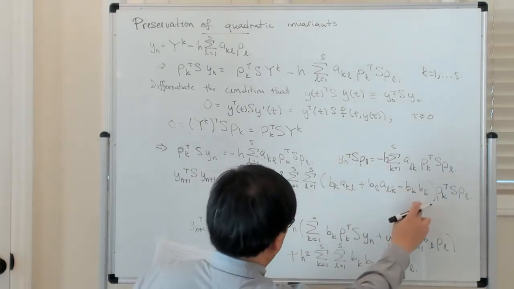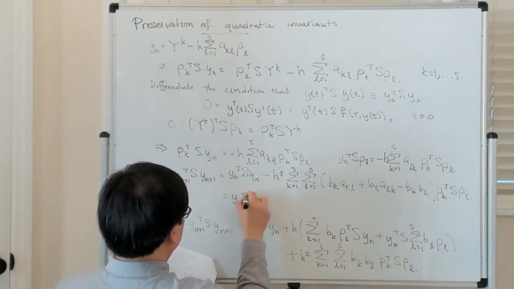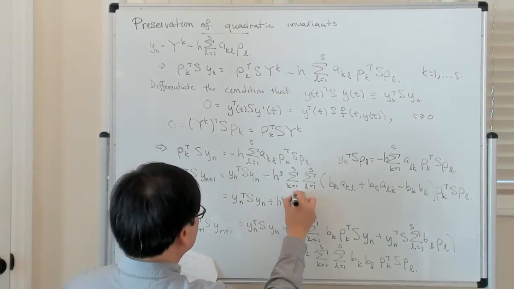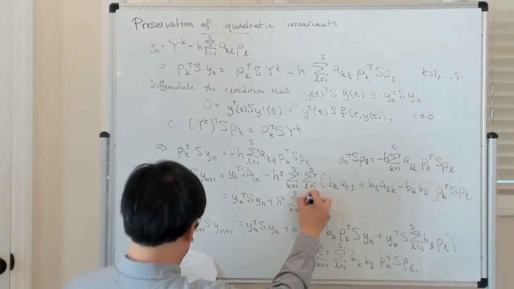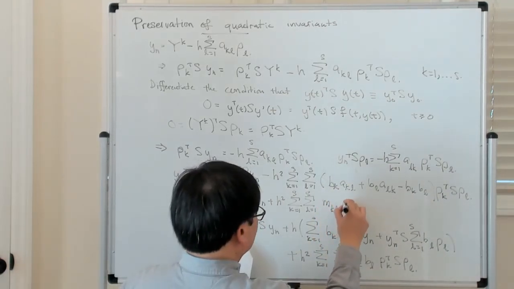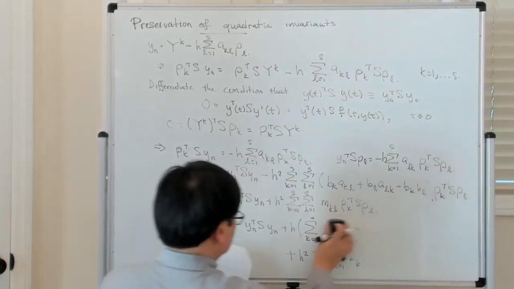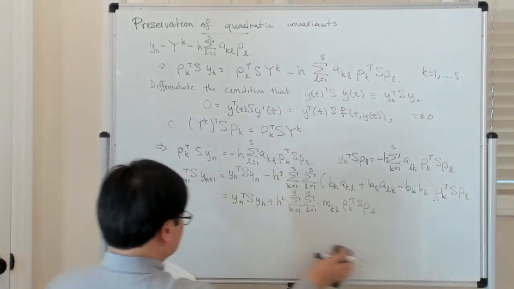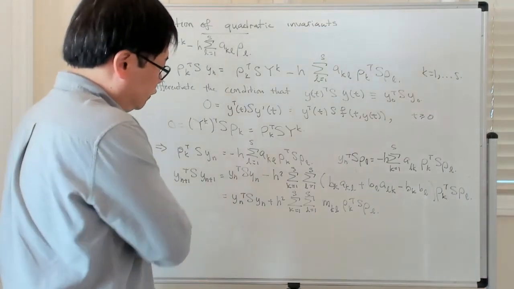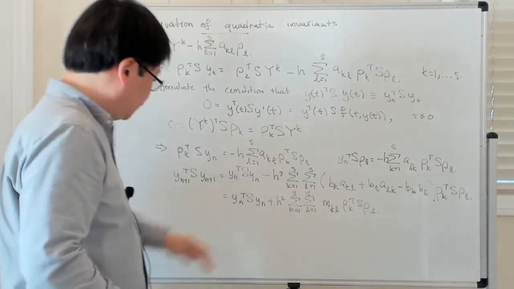And of course, this is nothing more than your coefficients of the M matrix. So this is yn transpose S yn plus h squared, the sum from k equals 1 to s, the sum from L equals 1 to s of mkl rho k transpose S rho l. And so clearly, if the famous M matrix is identically 0, then this term vanishes and you're just left with this.